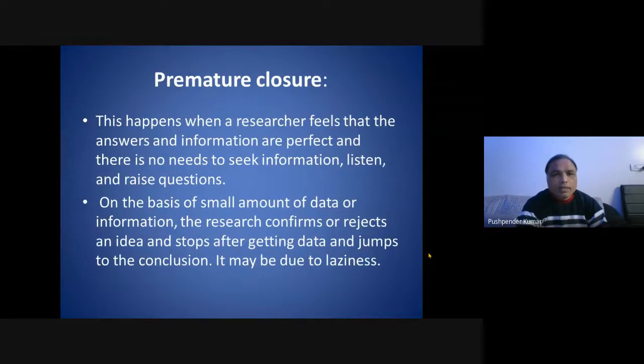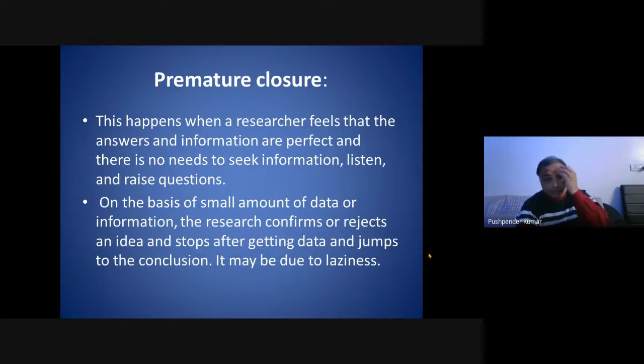Then we come to premature closure. This happens when a researcher feels that the answers and information are perfect and there is no need to seek information, listen and raise questions. This happens many times, especially like me, that I feel I know everything and I got perfect information, no need of any other information.